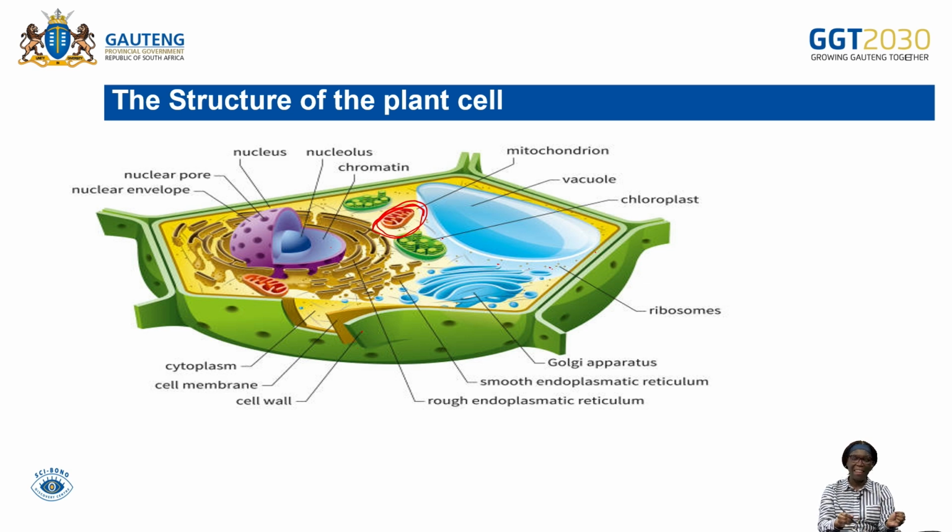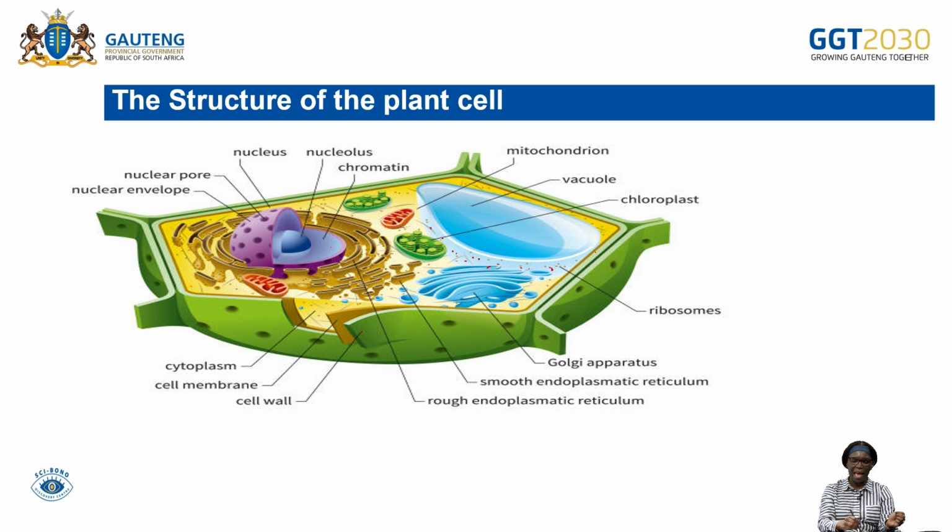We have another part, which is the large part of the cell, the vacuole. Vacuole is said to be the largest part of the plant cell. We have other organelles that are tiny.